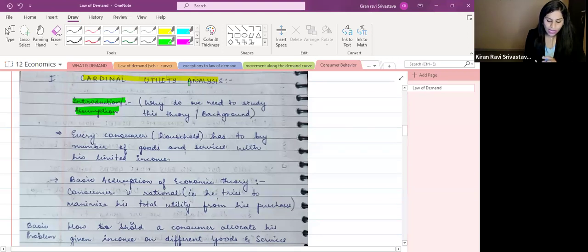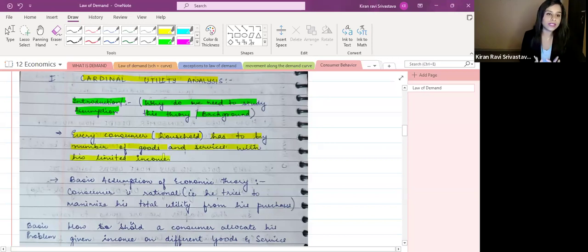So now, why are we studying this? Why does Bunty want to study cardinal utility analysis? Why do we need to study this theory? It's also called the background of the theory. So every consumer or household, consumer in economics is also called household, has to buy a number of goods and services with his limited income.